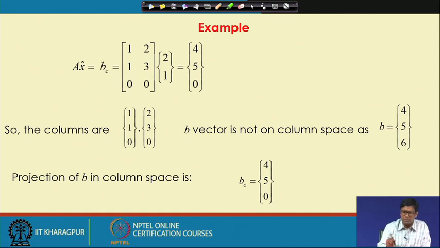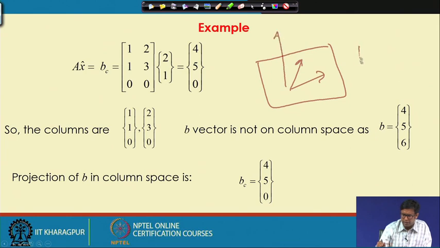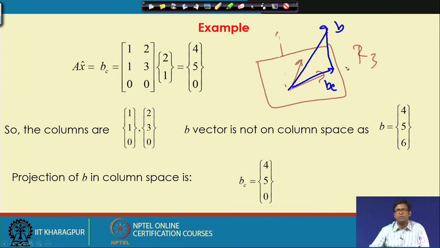The column space here, 1 1 0 and 2 3 0, means 2 vectors like this, forming a particular plane in R3, and the vector b was away from this plane. Now we project b onto this column space, and this becomes b c, which has a 0 component in the z direction. So, this is a projection of b in the column space, it is verified.